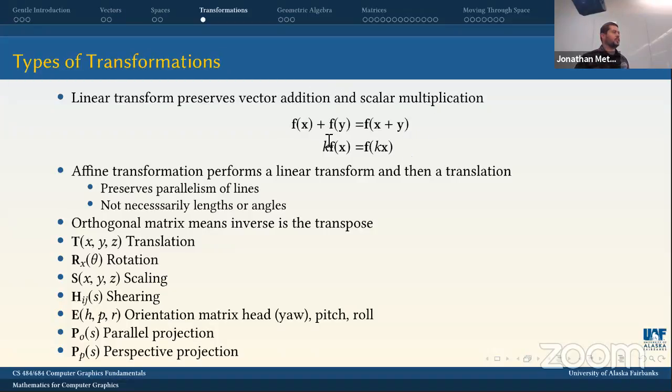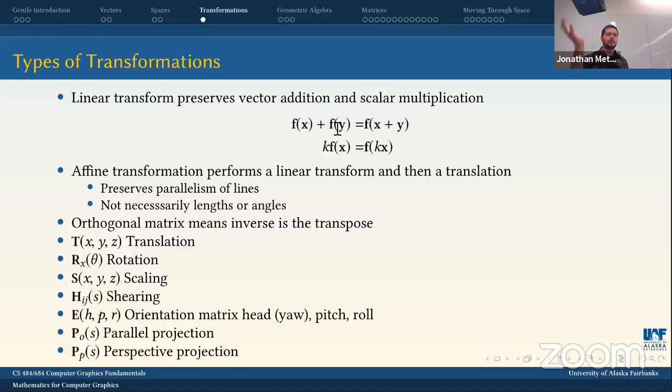If you wanted to prove that a certain kind of algebra is linear, you'd say, notice these are bold-faced letters for F and for X and Y. It means they're functions on vectors, and X and Y are vectors. If you have a function F operating on X and Y, and it's a linear transform, then you can add X and Y together and then apply the function afterwards.